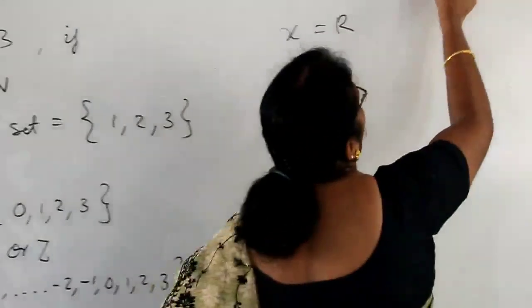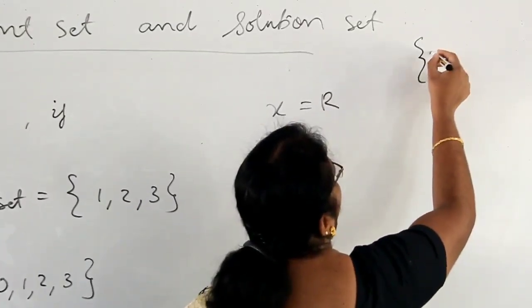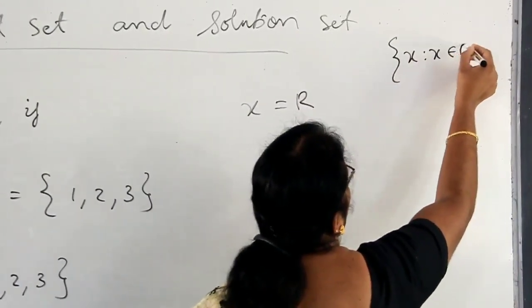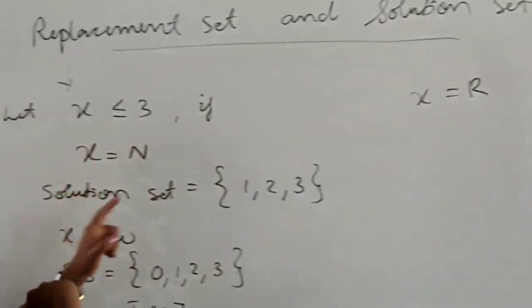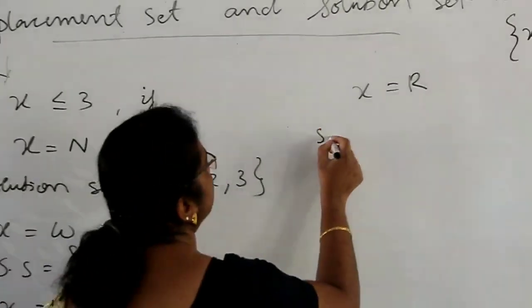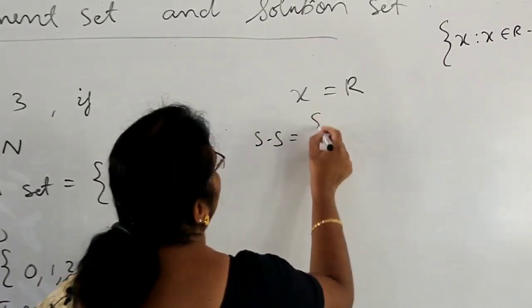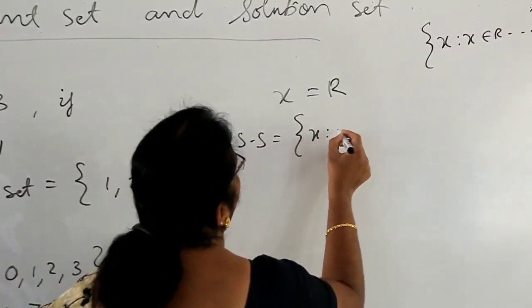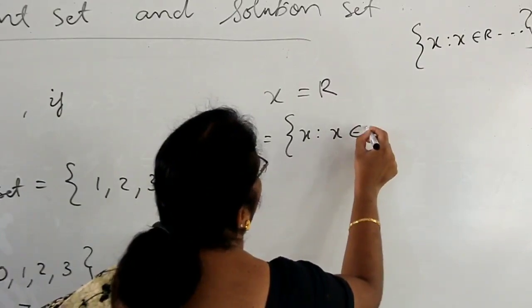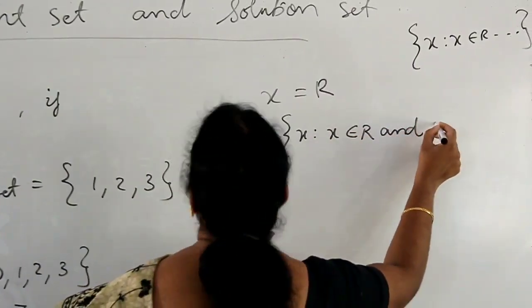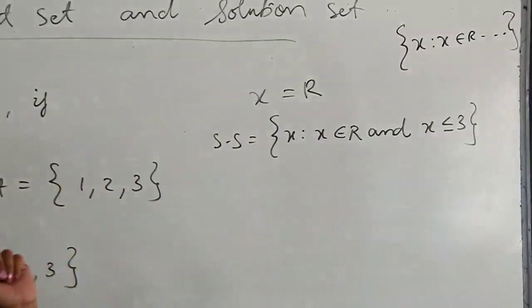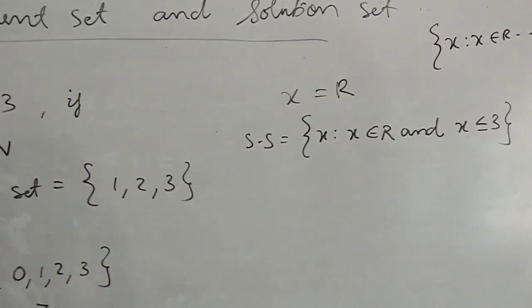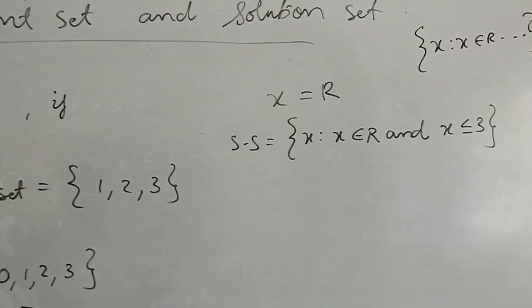You have already learned set builder form in the chapter on sets: x such that x belongs to R. So in this inequation case, we can write the solution set equal to {x such that x belongs to R and x less than or equal to 3}. Solution set in case of real numbers we can describe only in set builder form.